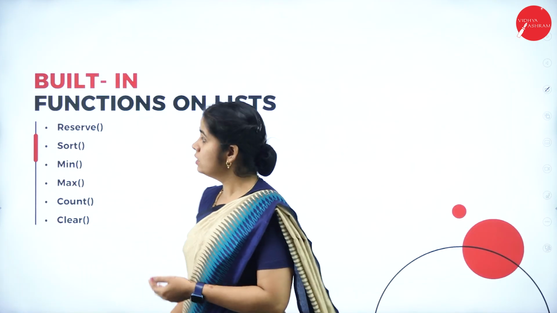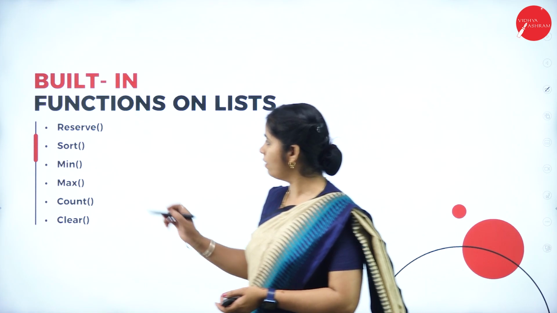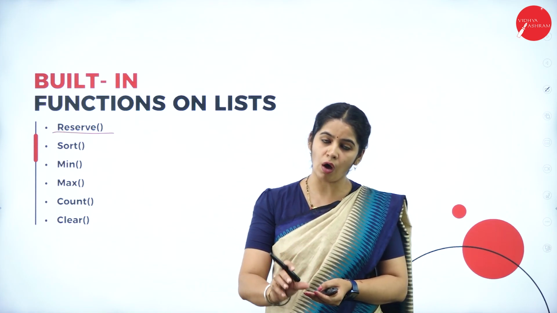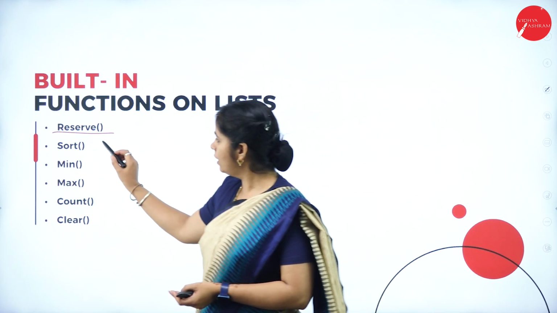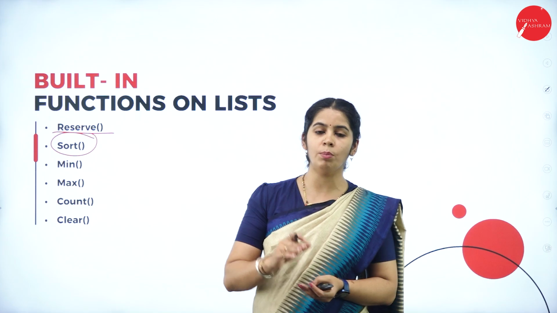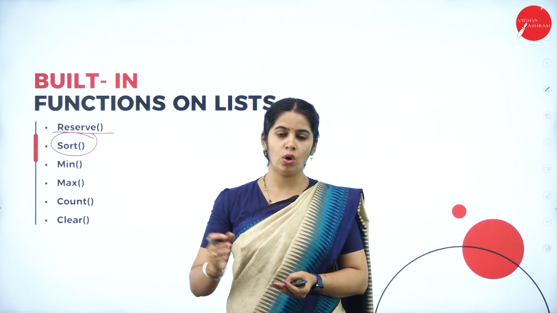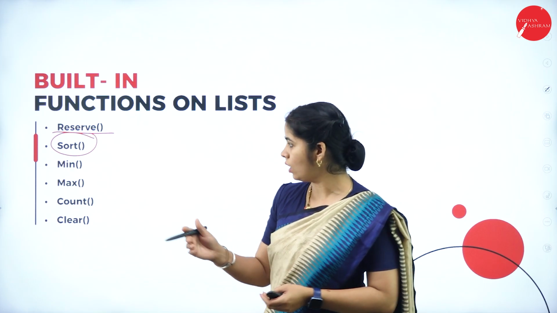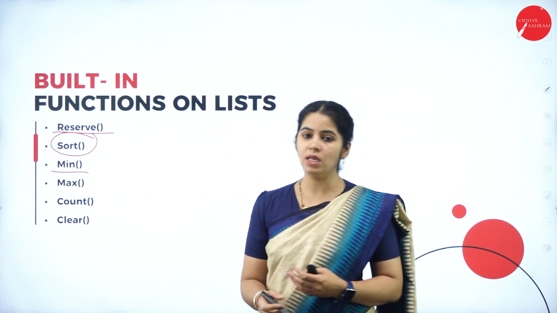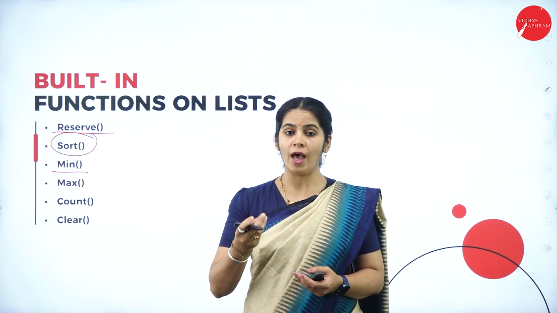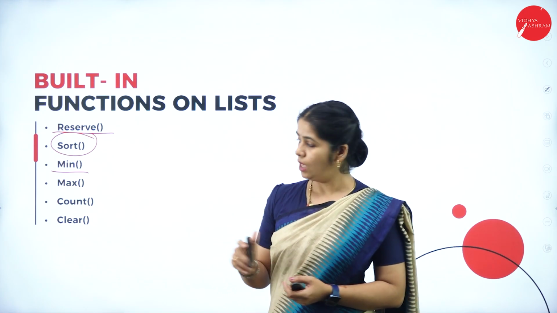Apart from that, some more built-in functions we have are reverse. We are reversing the order of the elements in the list. Then sort. Sort is a function used to arrange the elements within the list, so unordered, unsorted elements will be given in sorted order. Then min. Min is a function used to find the minimum valued object in the list.